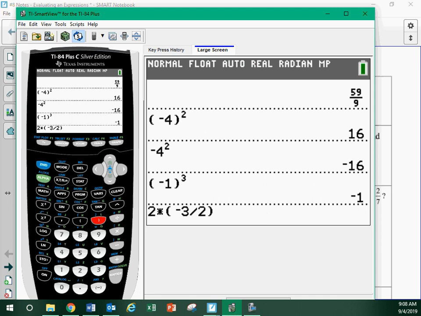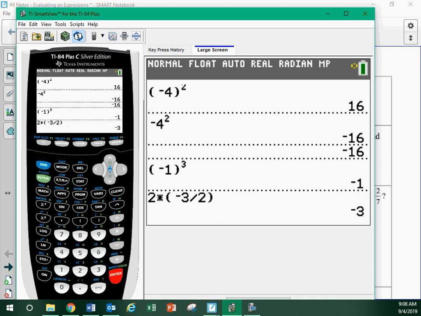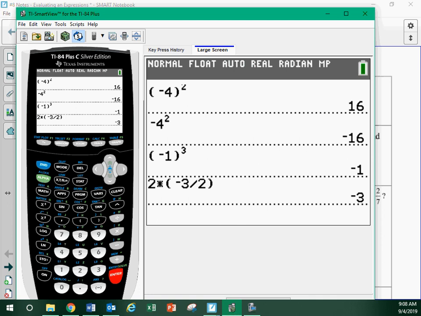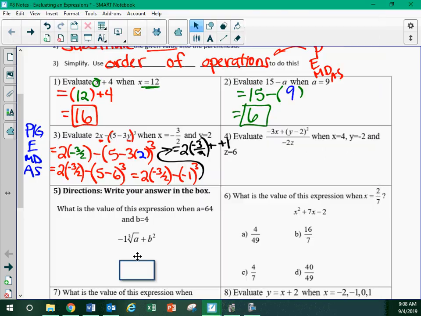Close your parentheses there. What do we get? Negative 3, very good. So this whole thing here is just negative 3. How about that? So negative 3 plus 1. Negative 2.